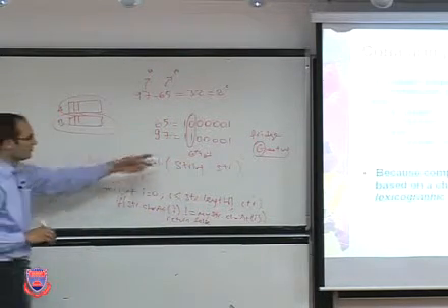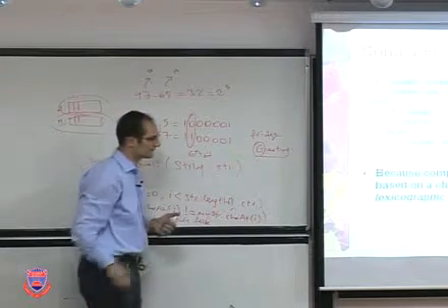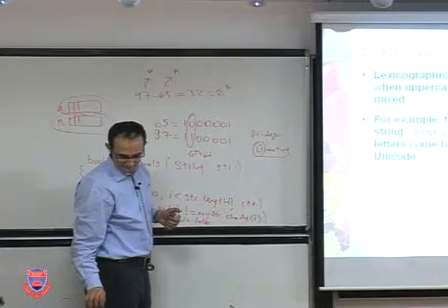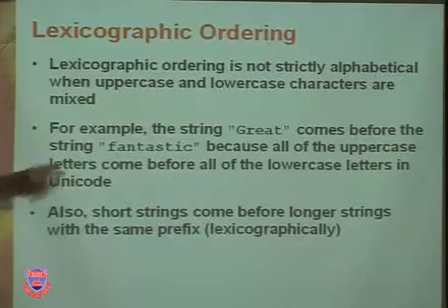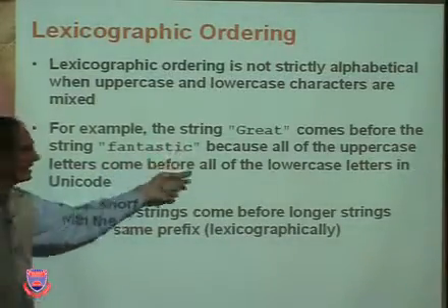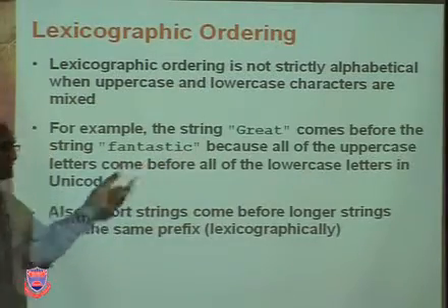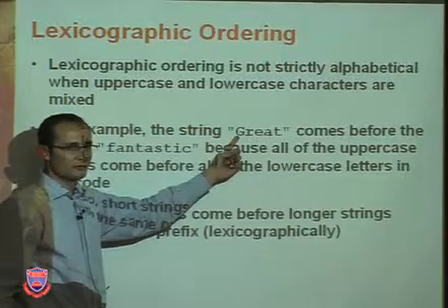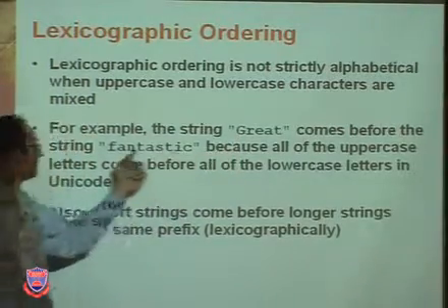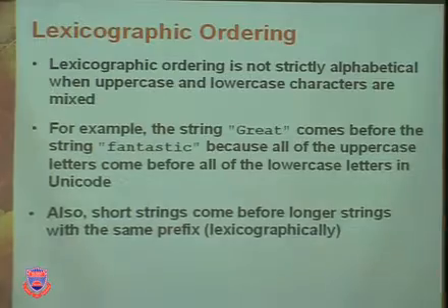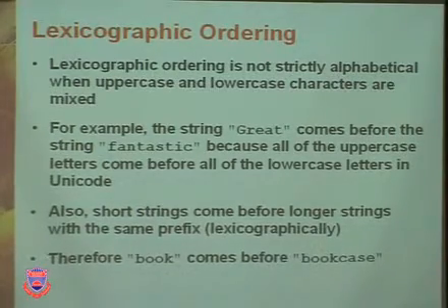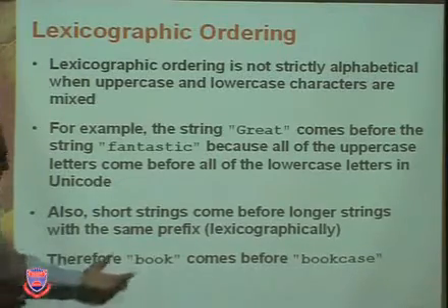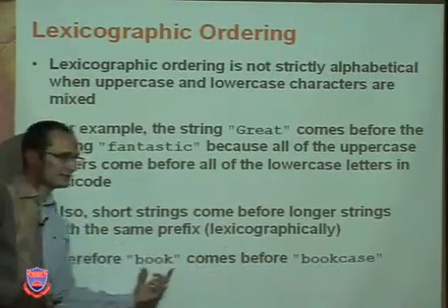However, if you had the lowercase g, it would have been vice versa. Any question? Great and fantastic, same example. Great comes before fantastic because G has a lower Unicode representation. Again, as in any dictionary, book comes before bookcase since it's shorter.